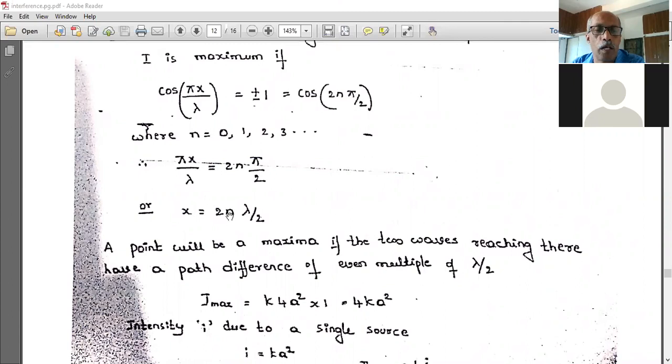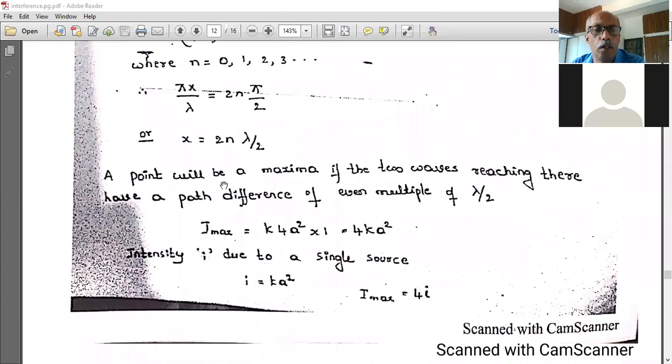Therefore, a point will be a maxima if the two waves reaching that point have a path difference of an even multiple of half wavelength. That point will have maximum intensity, or constructive interference.